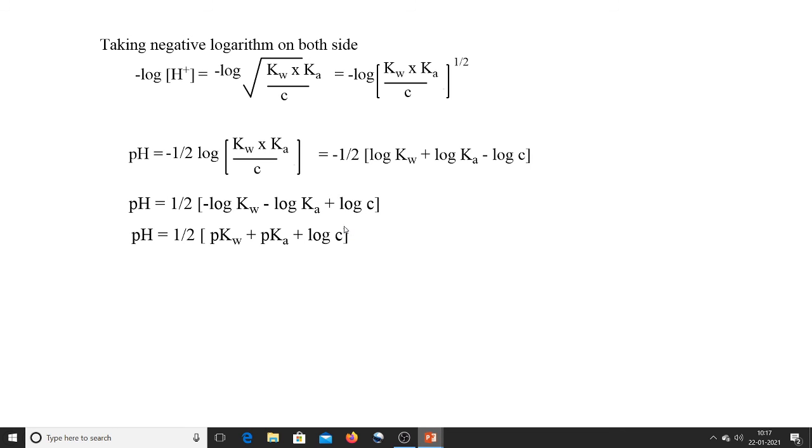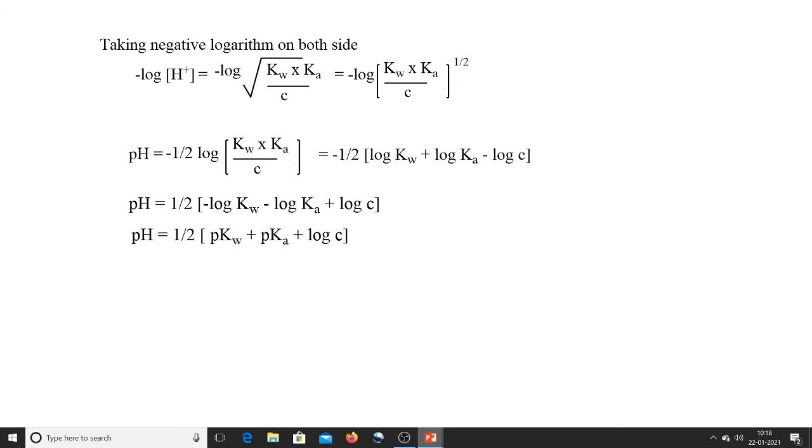So by using this equation we can calculate the pH of salts of weak acid and strong base by knowing the concentration of the salts.